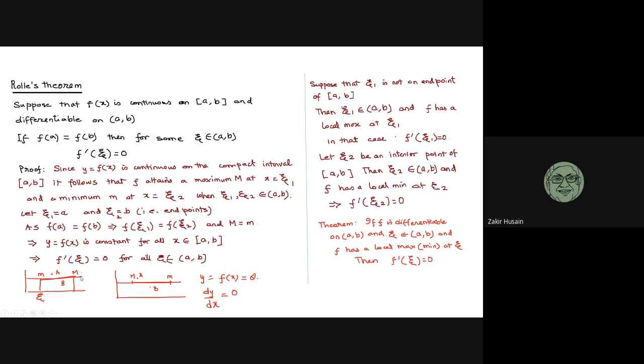I don't know what happens after this. After this, maybe it is going up like this. Okay, but within this range, y equal to f(x) is constant, and therefore the derivative of this will be equal to 0. Okay.